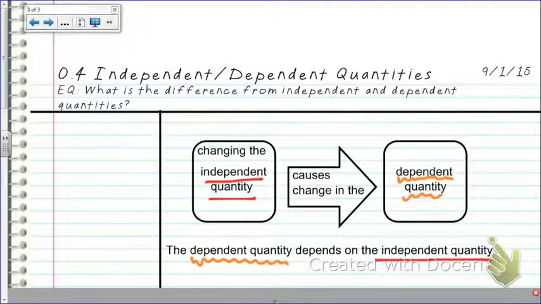But if you were to look it up in your book, it really will say the dependent quantity depends on the independent quantity. Okay? Meaning, if you have two things and you change the independent quantity, it's automatically going to affect what happens to the dependent quantity. Okay? Another way that I like to think about this is the independent quantity is the one that only you have control over changing. And the dependent will follow. Okay? You'll see when I give you an example.